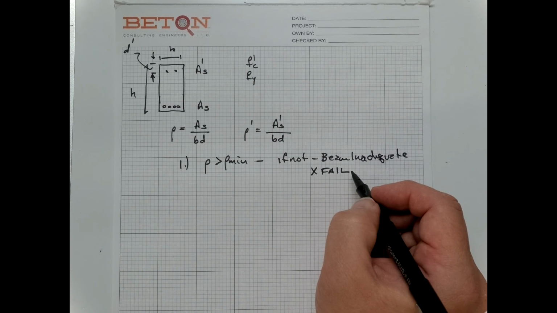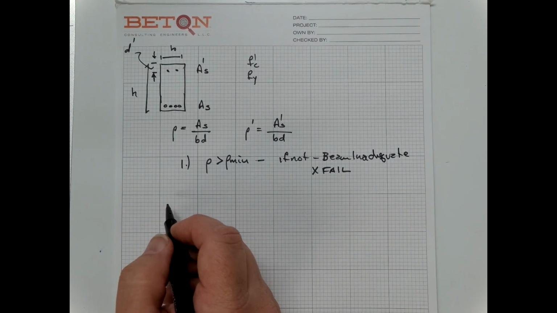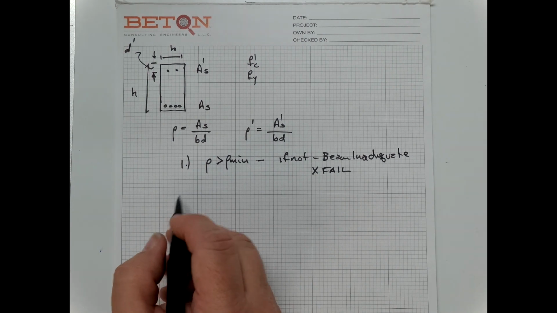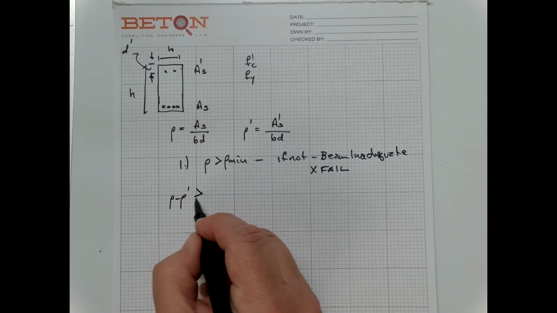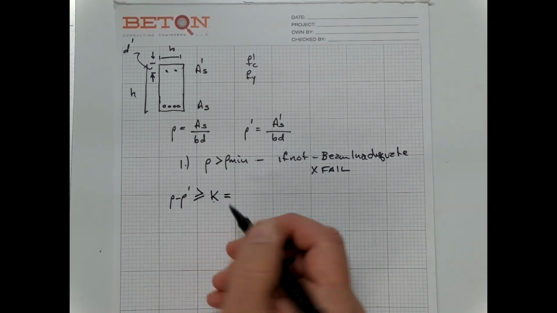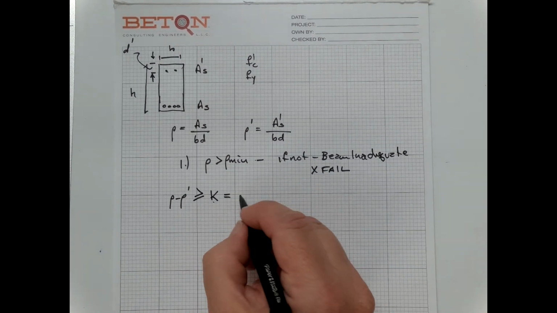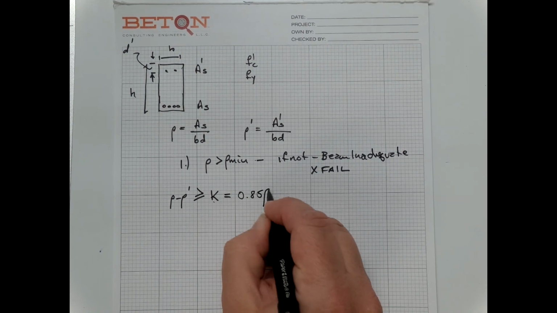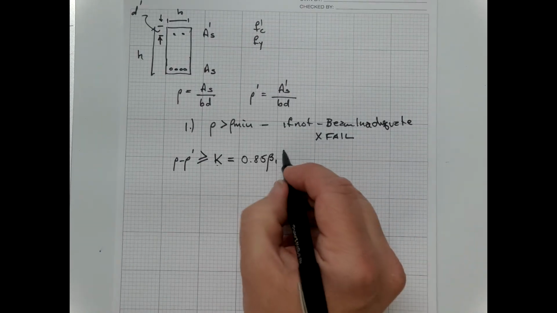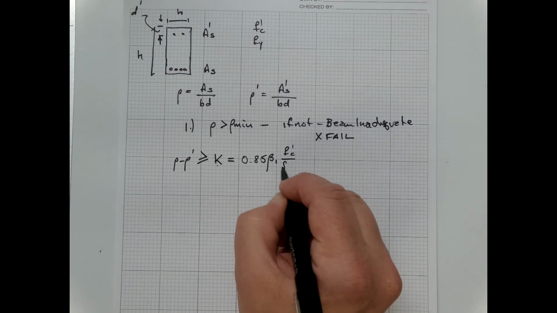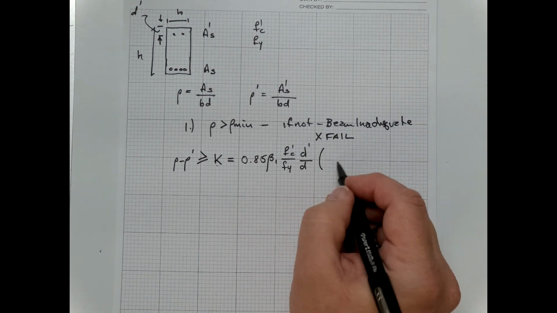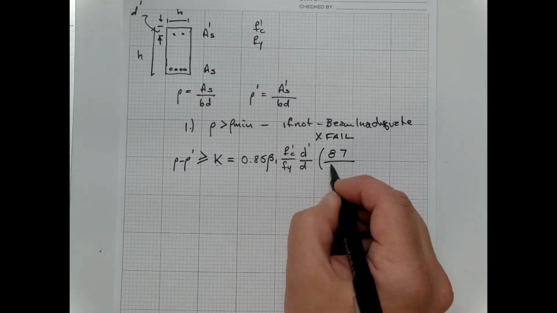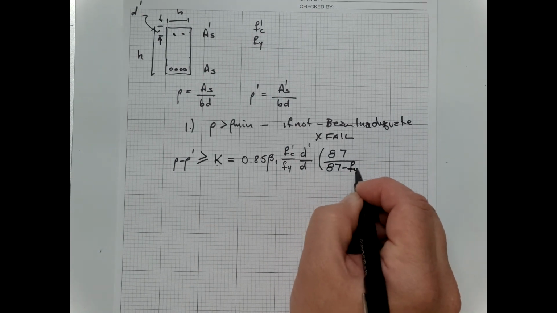If so, we have to check if rho minus rho prime is greater than or equal to K, which is equal to 0.85 beta 1 F prime c over F sub y, times D prime over D, multiplied by 87 divided by 87 minus F sub y.